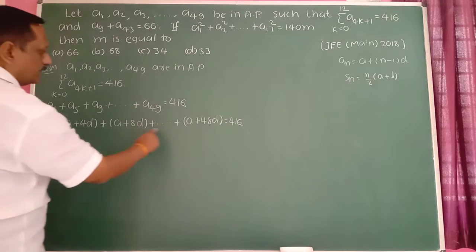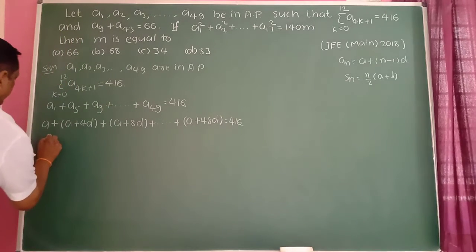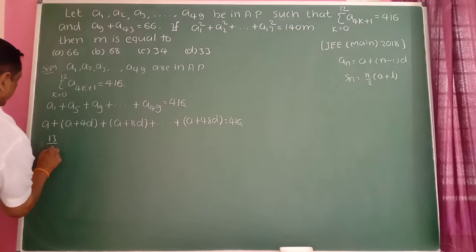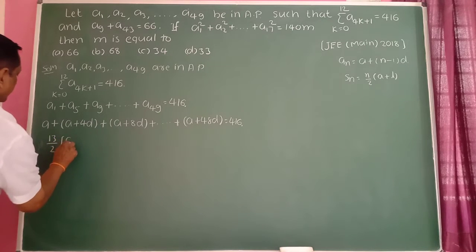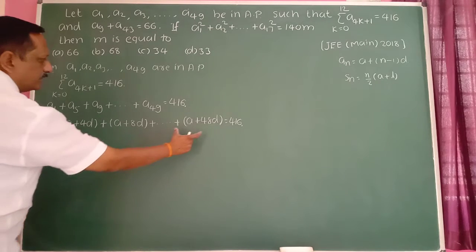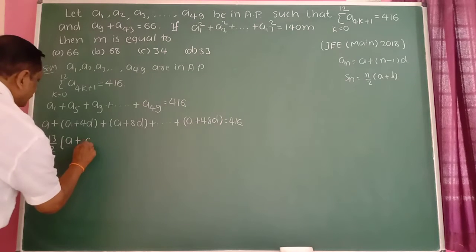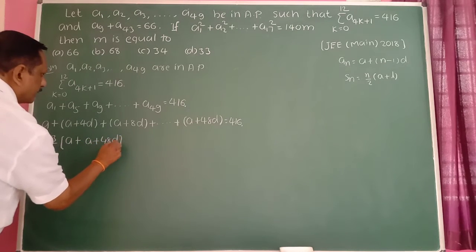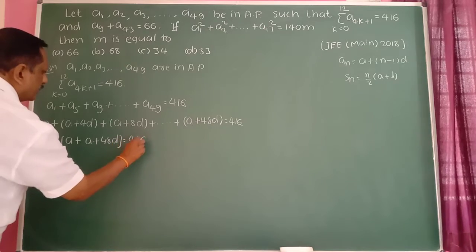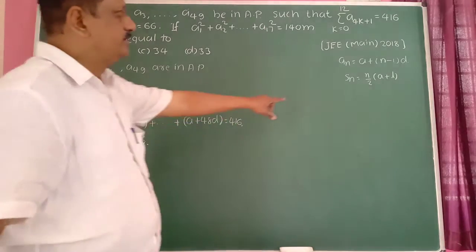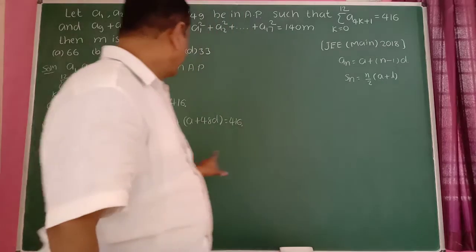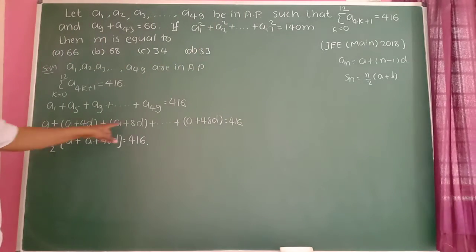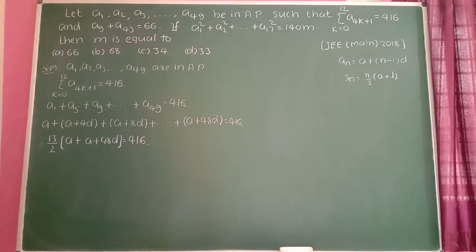So n is equal to 13. 13 divided by 2 into the bracket A plus the last term, which is A plus 48D, is equal to 416.